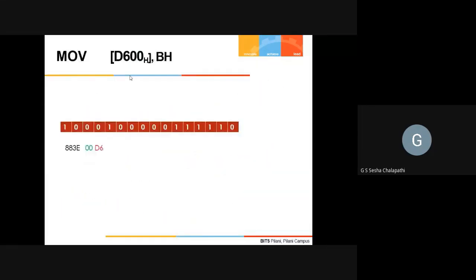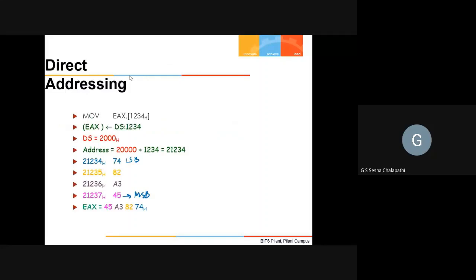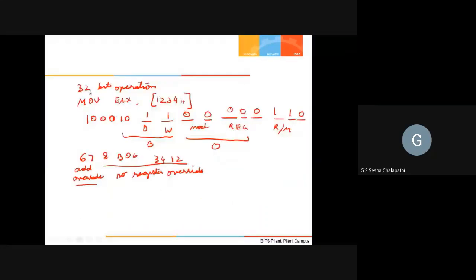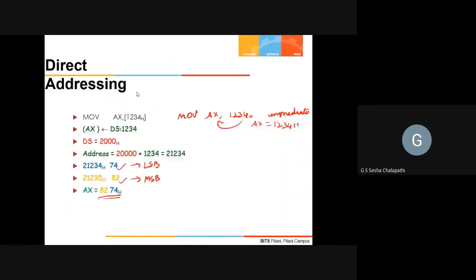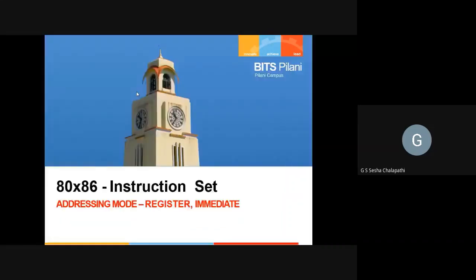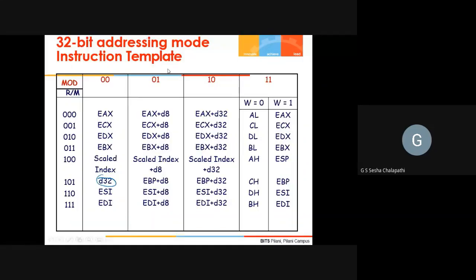Inside the 32-bit operation mode, you are using a 16-bit addressing mode. In 32-bit operation mode, you are expected to use only 32-bit addressing schemes, that means you are expected to use that particular template only.